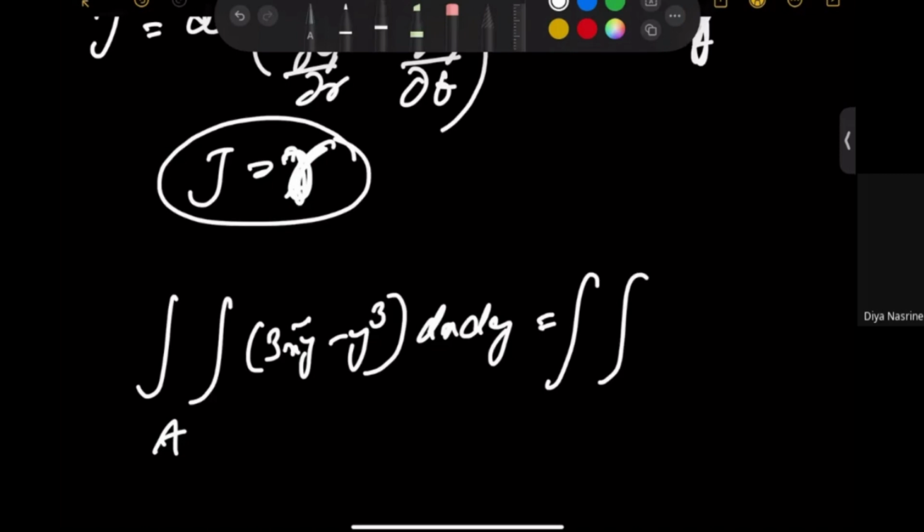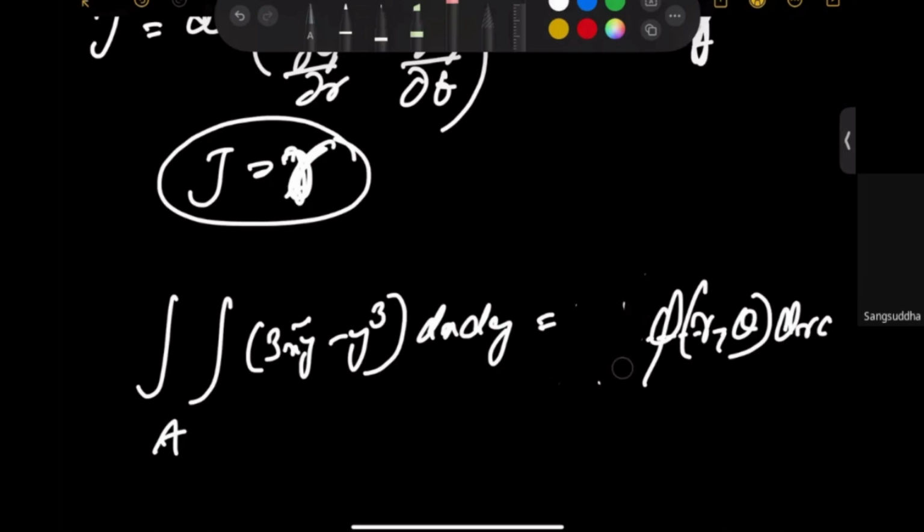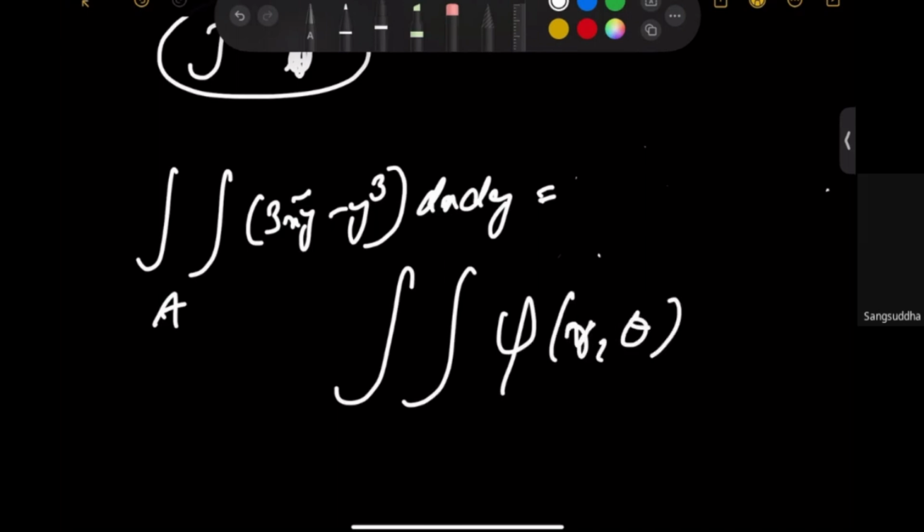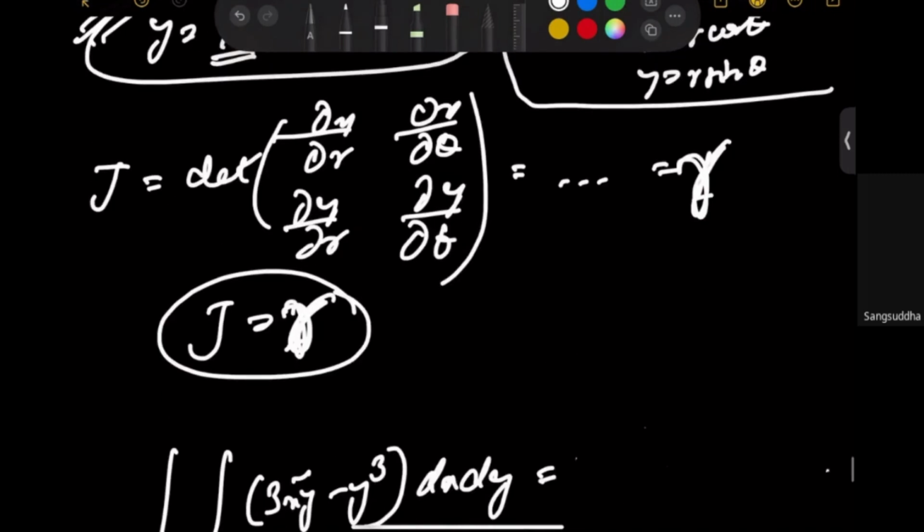So after substituting, you'll get a function. I'll just write it as a function of r and theta because I don't have time. After the proper substitution, you'll get a function of r and theta, and the absolute value of the Jacobian. The Jacobian was r.